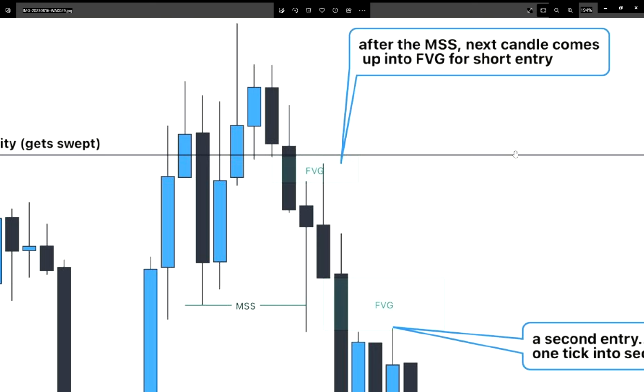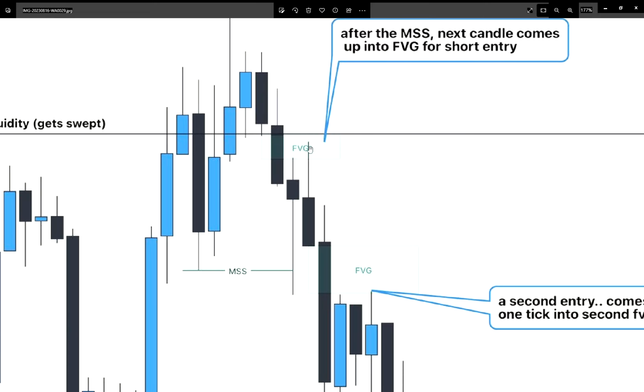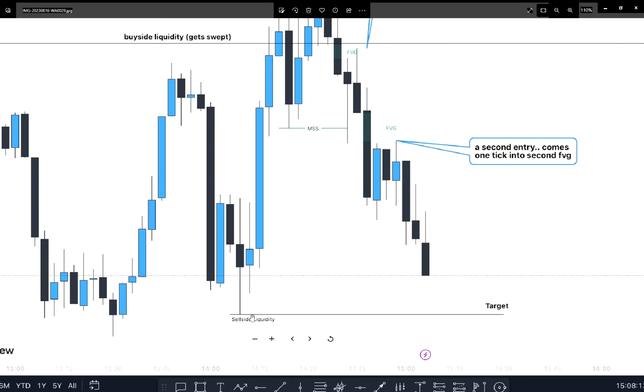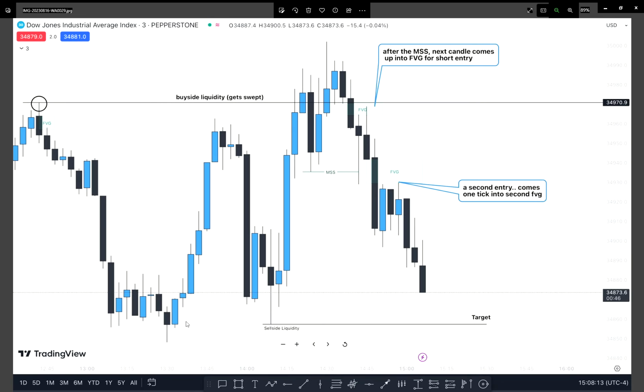So that's pretty much it. And then the target is the last sell side liquidity low. That's confusing, but pretty much, this was a buy side liquidity, it gets swept, so I think we want the most recent low.